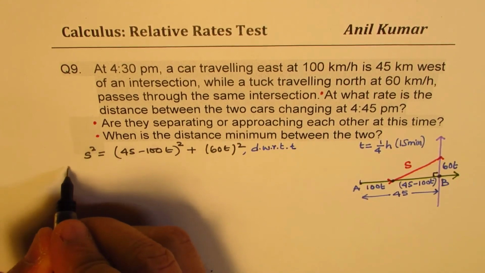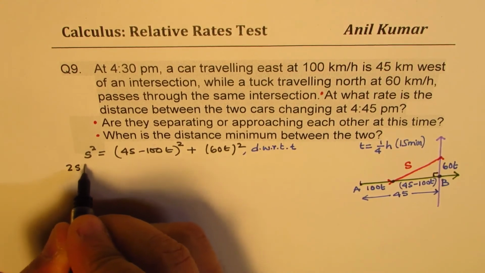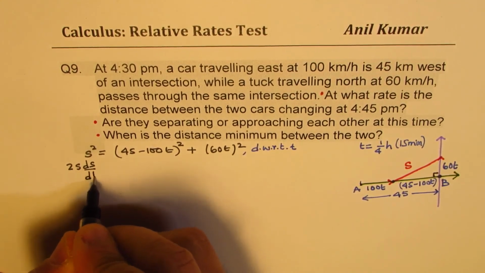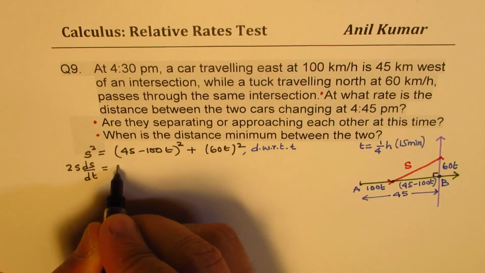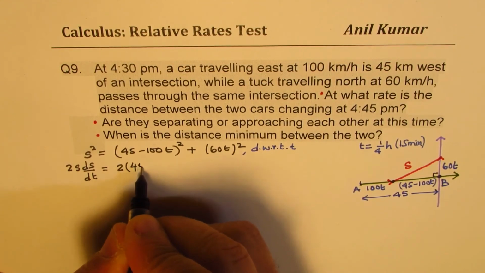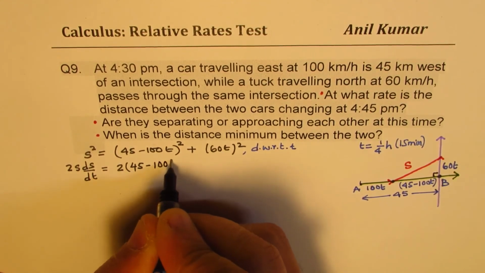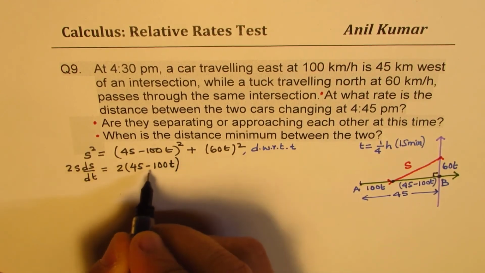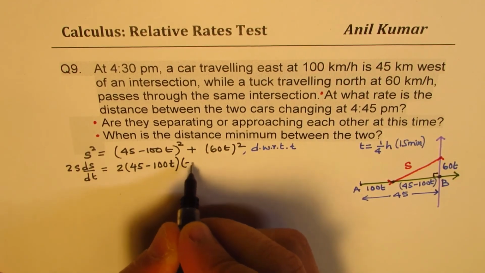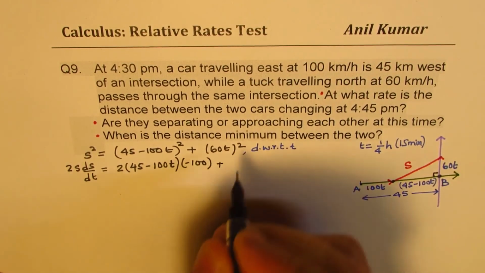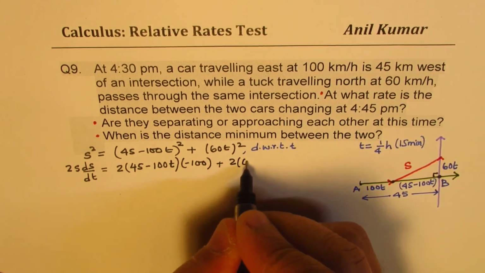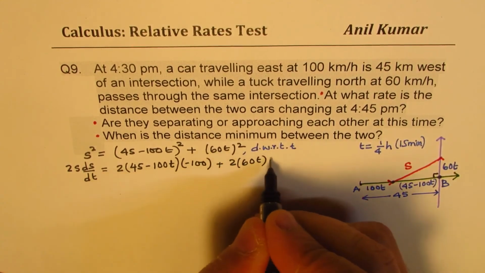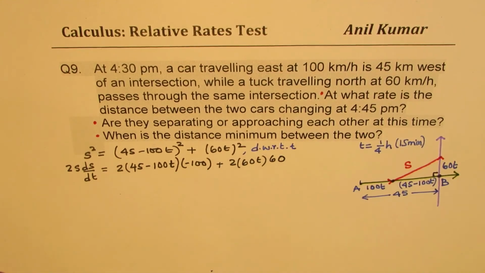You get 2s ds/dt equals 2 times (45 minus 100t) times the derivative of the inside function, which is minus 100, plus 2 times 60t times 60. Perfect.